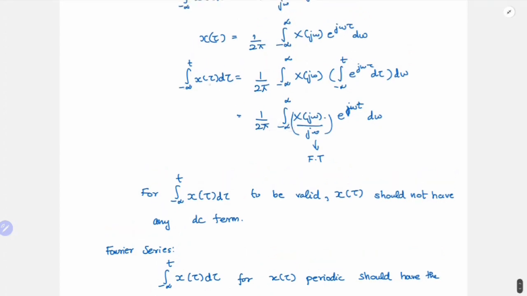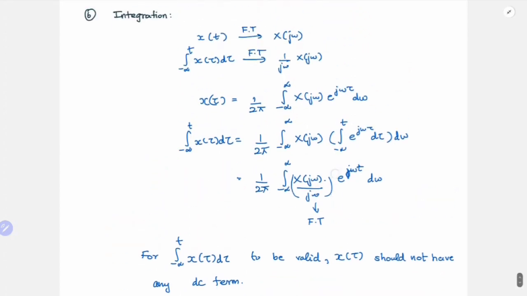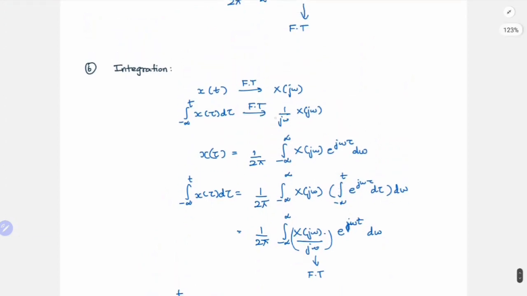So this integral itself can have a dc value, but that is not reflected here because as omega tends to 0, this is not valid, right? One thing is X of j omega is 0, so this whole term should go to 0 when we tend omega to 0. So this omega in the denominator will not actually affect it, but also after the integration it can have a dc term, right? So that dc term is given by pi X of 0 delta of omega. So this will represent the dc term after the integration.